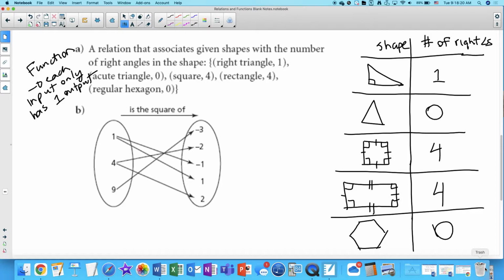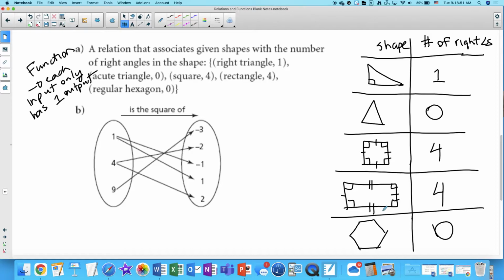You can have the same range value or output value be associated with different input values, but it cannot be the other way around. You cannot have the same input value associated with 2 different output values. Okay, so sometimes that's confusing for people, but if you practice a little bit and sort of keep that in mind, you're really specifically looking at input and whether there's more than one output.